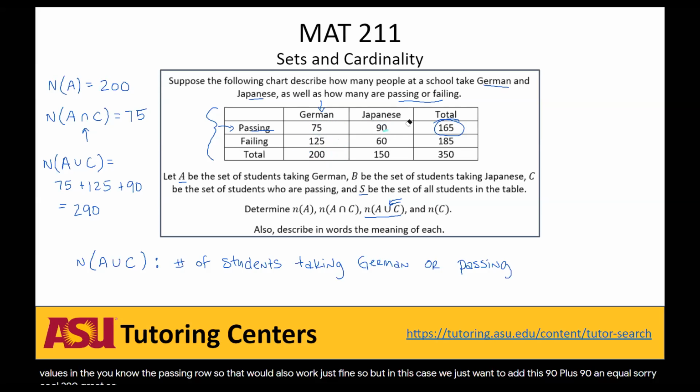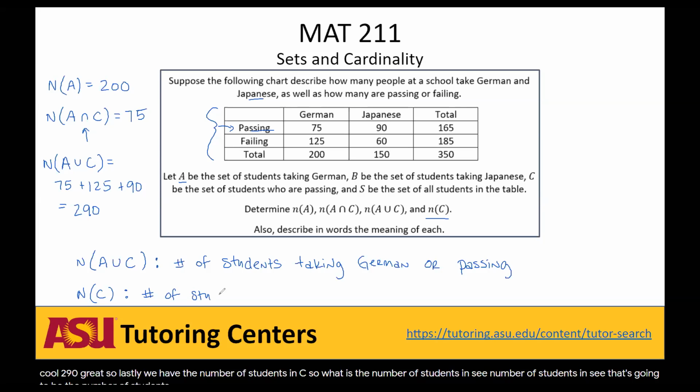So lastly, we have the number of students in C. Right there. So what is the number of students in C? That's going to be the number of students who are passing.